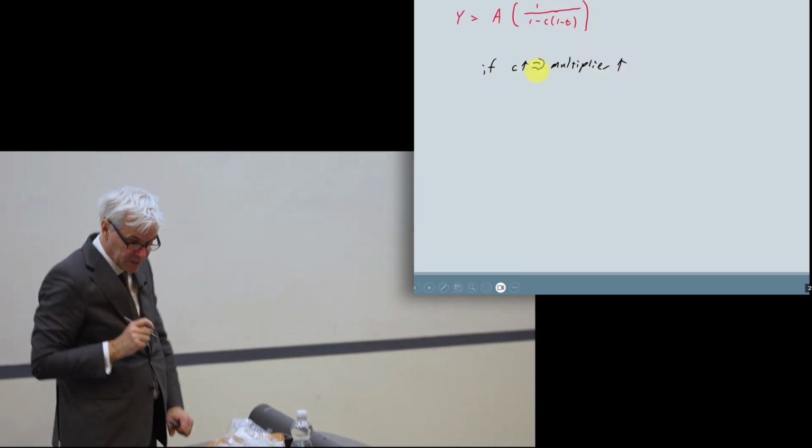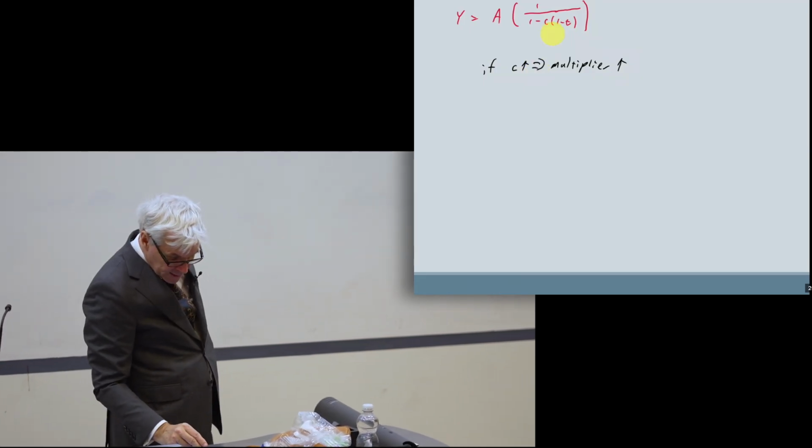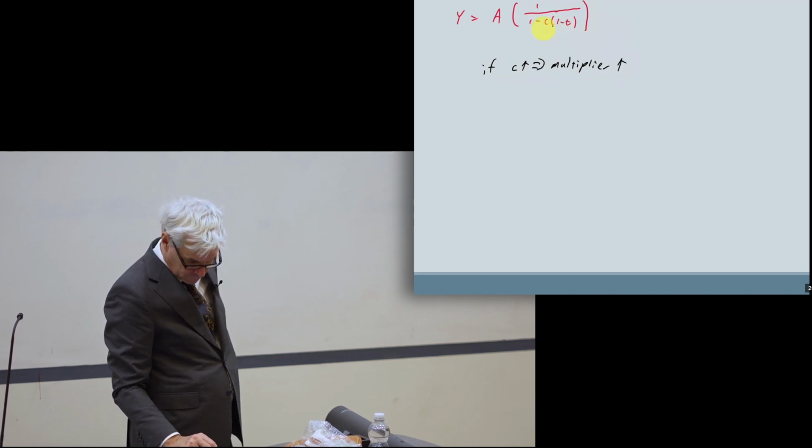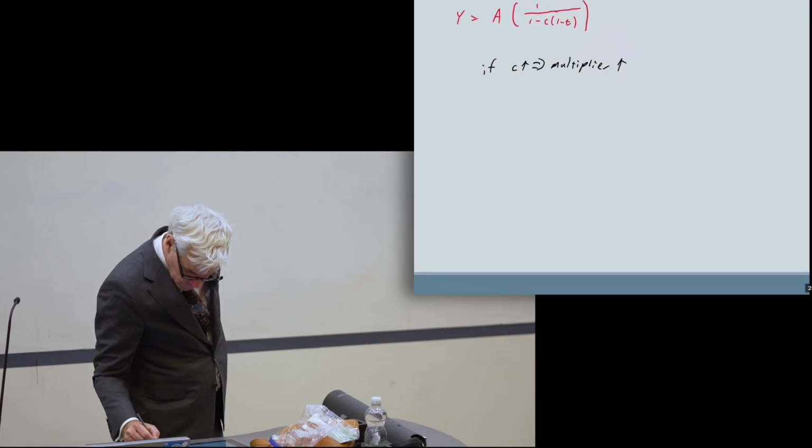That's our logic. Is that true? Well, if C was 0, this would be 1 over 1. The multiplier would be 1.